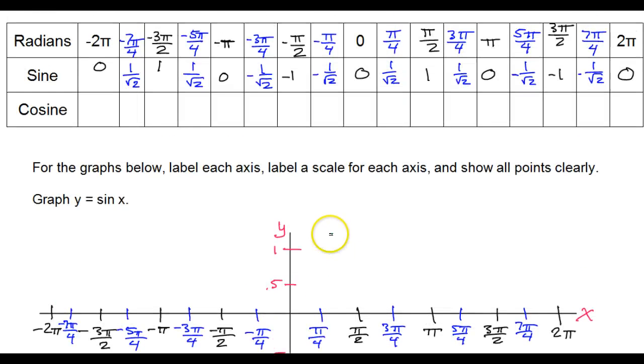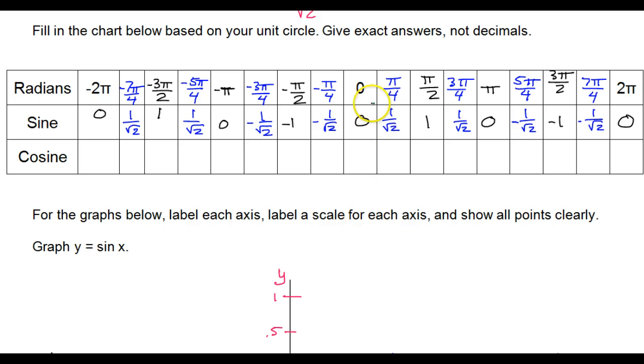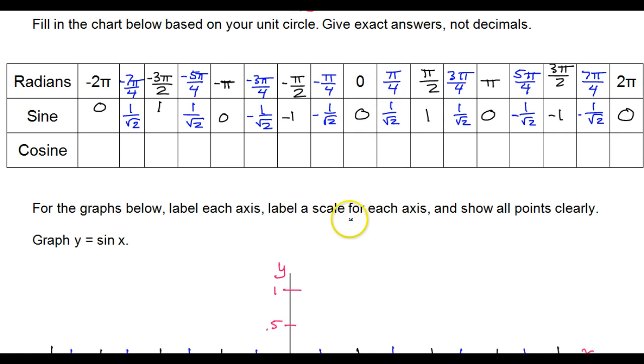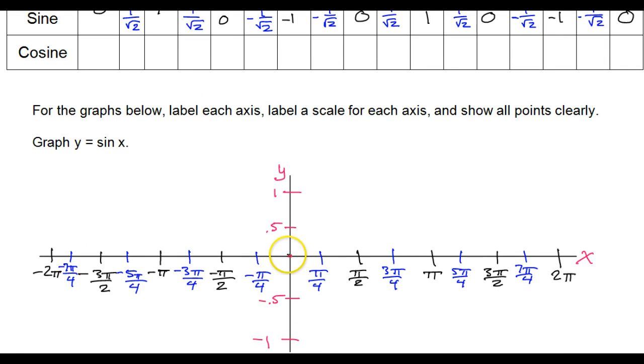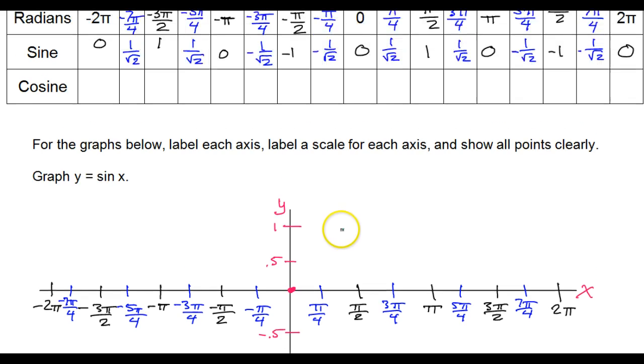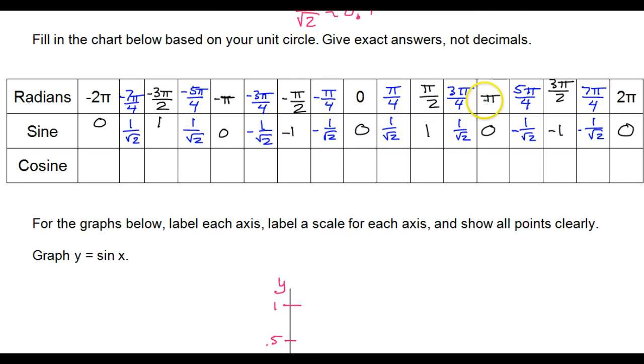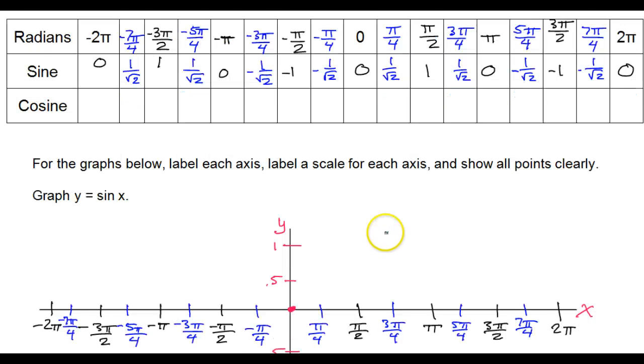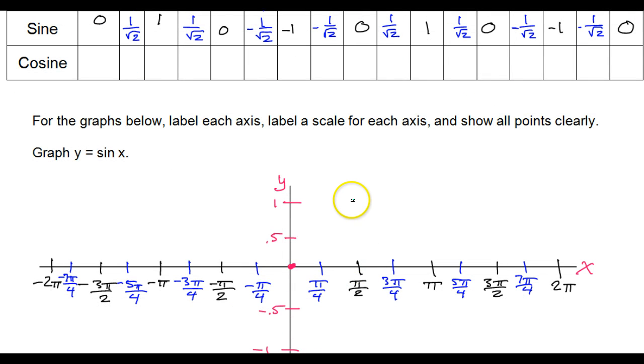So let's go back and graph what we have. At 0, the sine function was at 0, so we can mark that. I'm just going to do all the multiples of pi over 2 first. At pi over 2, we were at 1, so we're up here at 1.